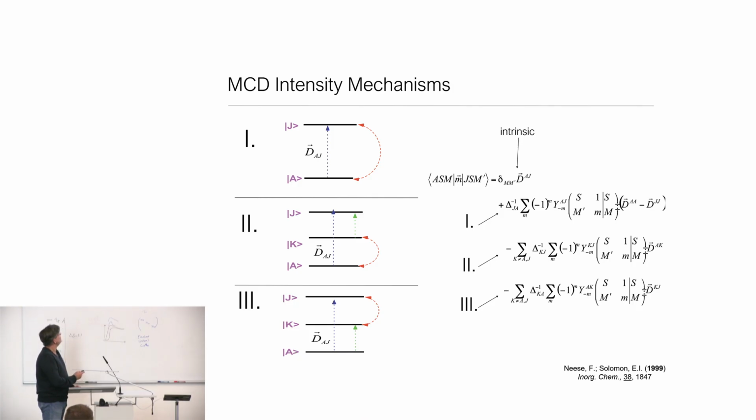Yeah? So here, in mechanism number 2, you have a spin-orbit coupling relationship between the ground state A and the excited state K while you observe the transition from A to J. And here it's just the other way around. You have a spin-orbit coupling between states K and J, and you observe the transition to A and J. And it turns out that you can show on paper and pencil that whatever MCD intensity state K is inducing on state J, it is negative the other way around, right?